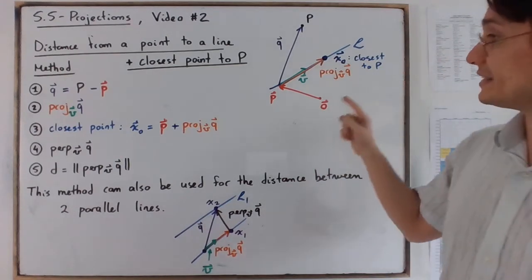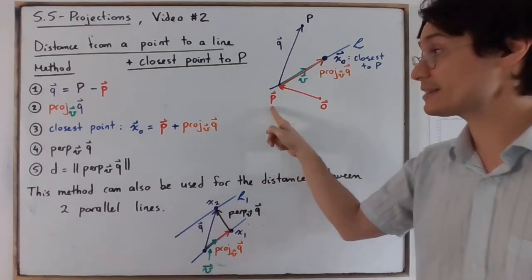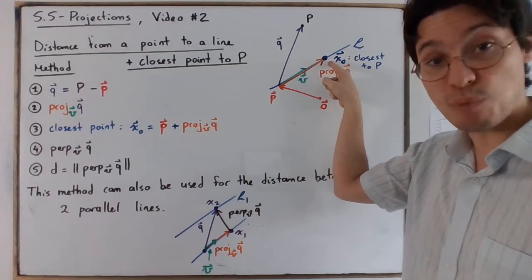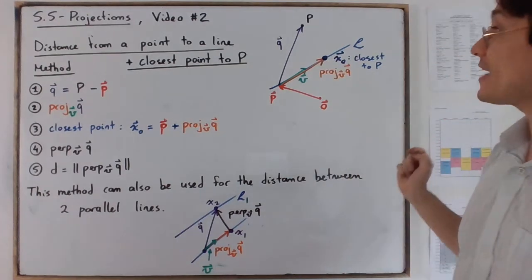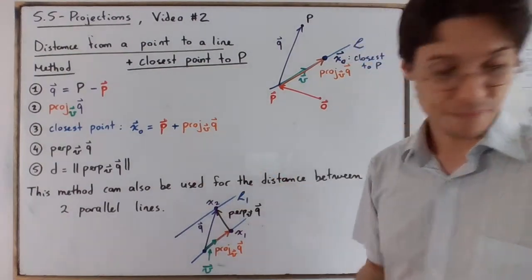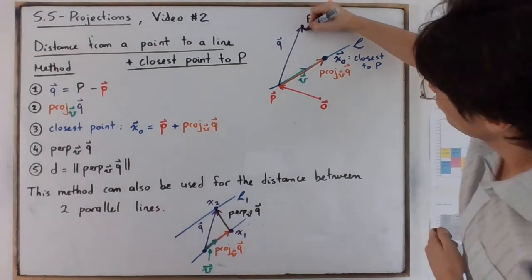So how do we find it? Well, you want to add the projection to the vector P, right? So it's going to be P plus the projection. You will reach that point. Then, to go on and find the distance, you want to calculate the perp.